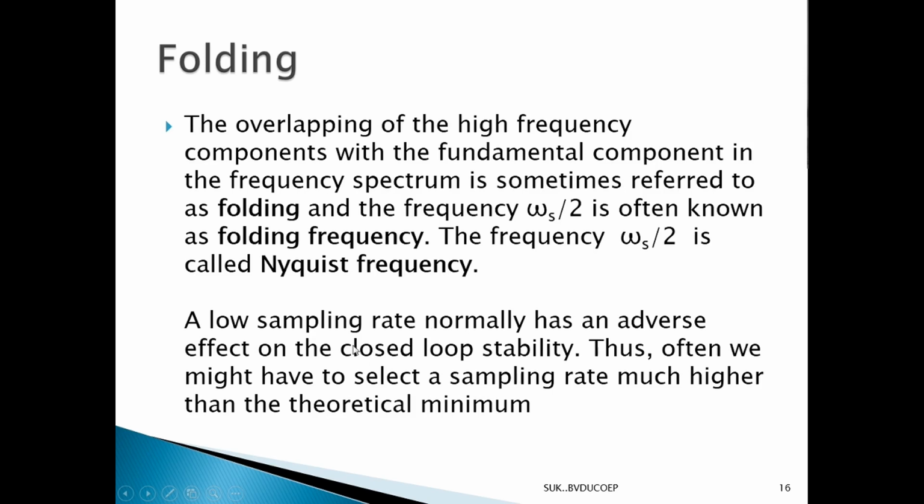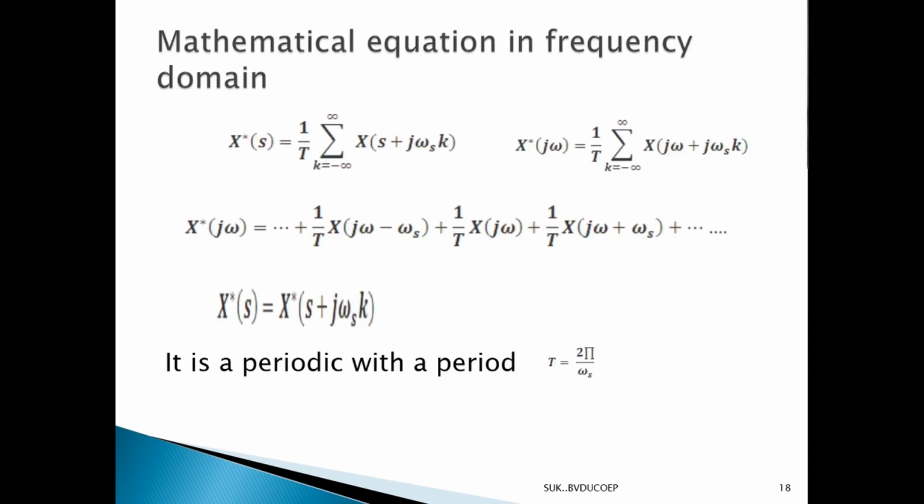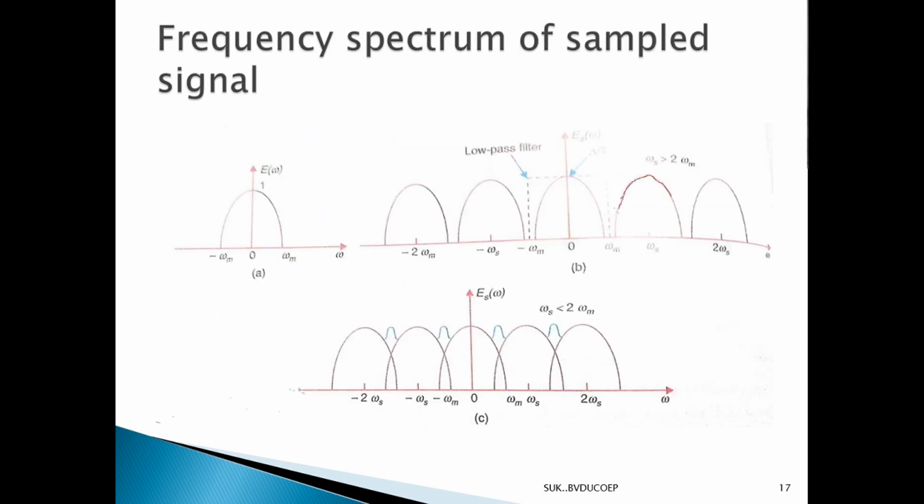That will be seen when we do stability analysis, and then you will understand this very clearly. Here is the graph of the frequency spectrum, so that you will understand. This is the frequency spectrum from minus omega m to plus omega m, and this is the amplitude of the signal. So this is the frequency spectrum of the sampled signal.